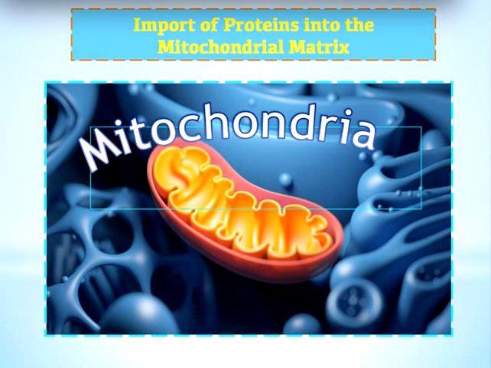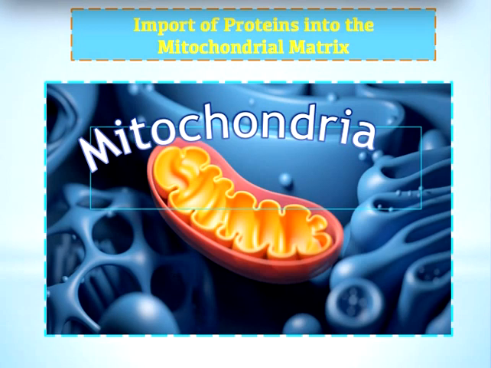In my previous video that I released last week, I introduced protein sorting through the endoplasmic reticulum. Today we will talk about the import of proteins into the mitochondrial matrix. Now, mitochondria are considered to be the powerhouse of cells.